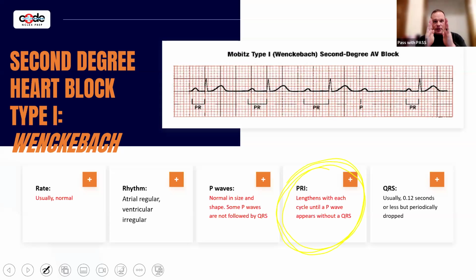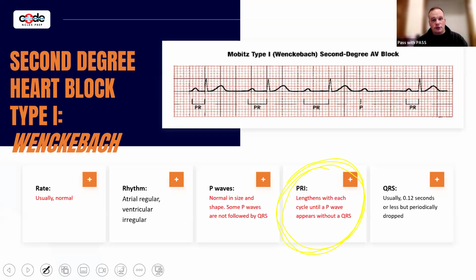So my PRI starts off here and gets a little bit longer, a little bit longer, a little bit longer, I drop a beat, which means I lose a QRS complex, and that pattern starts over again. Small PRI, a little bit longer, a little bit longer, a little bit longer. I drop a beat, starts over again. That is my second degree type 1 or my Wenckebach rhythm.